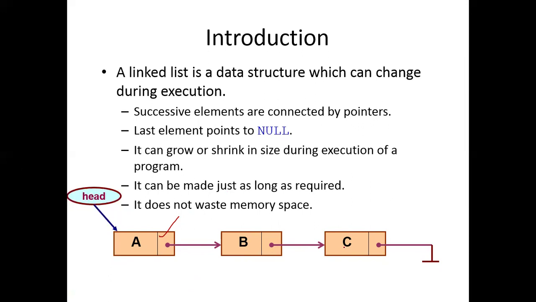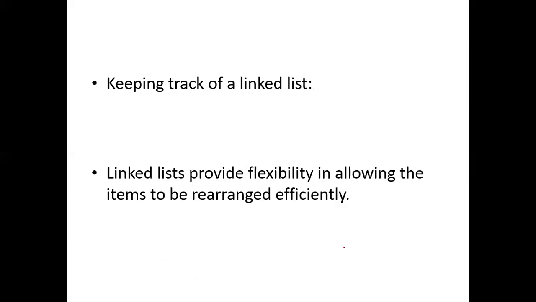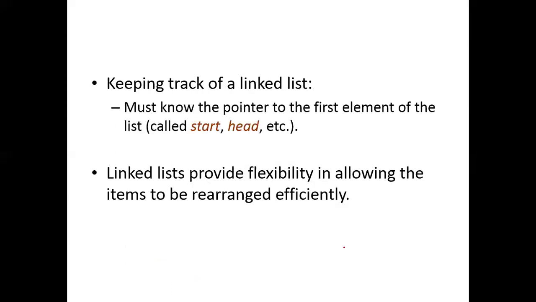The first node in the list will be the head node. To keep track of the items in the linked list, we use the pointer to the first item, that is the head node.